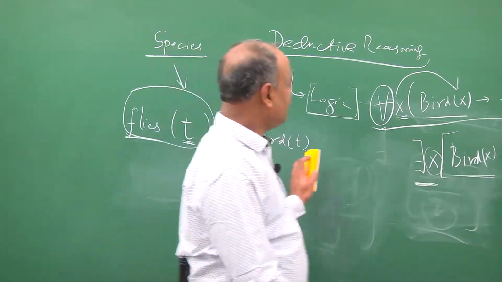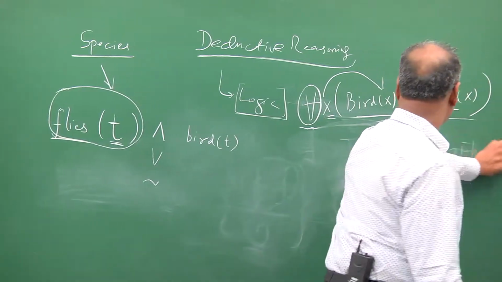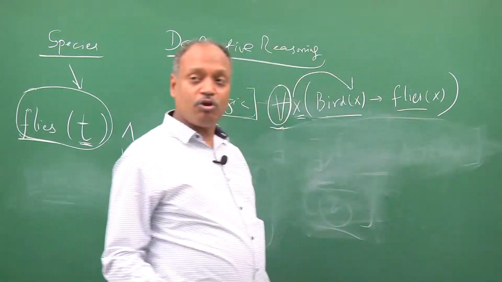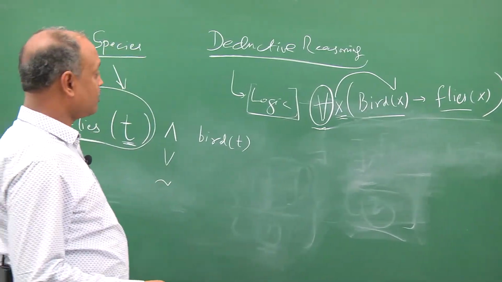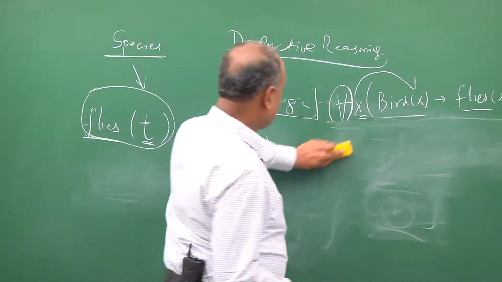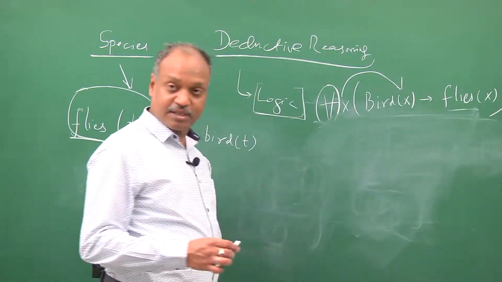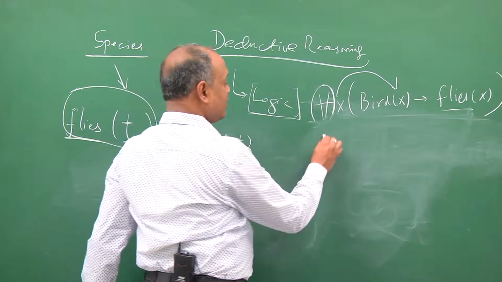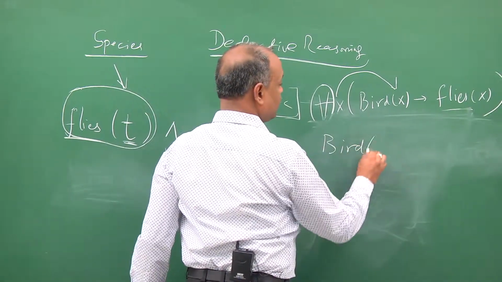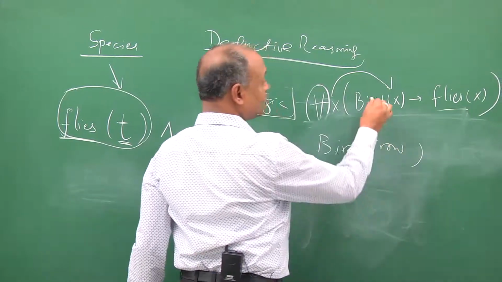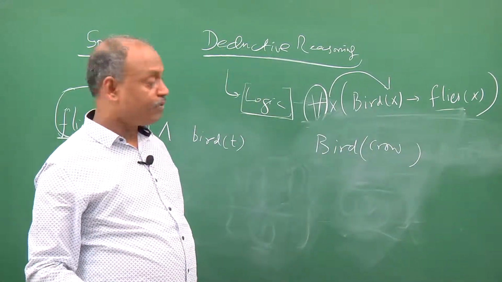Now let us look at what a typical rule of inference in the context of first order logic would look like. For example, suppose we have for all x, bird x implies flies x as a universal rule, and then you say bird of some specific instance of x, say bird of crow.